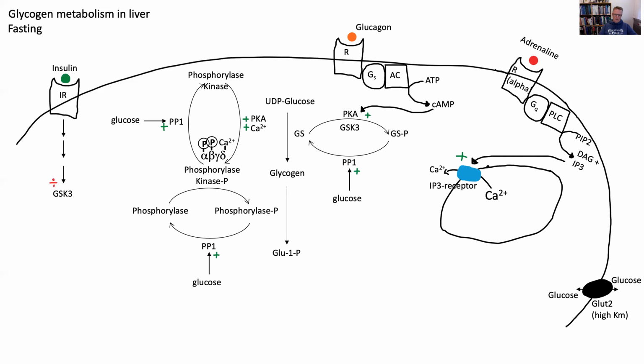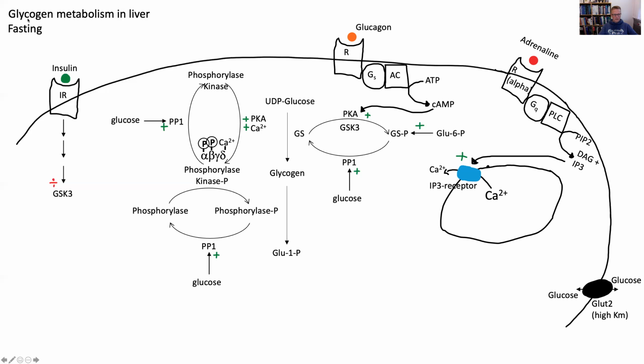We also know, as we saw before, that insulin can inhibit the activity of glycogen synthase kinase 3. And if we are in a fasting situation, insulin concentrations will be low, leading to an active form of glycogen synthase kinase 3, which will phosphorylate glycogen synthase and make the enzyme less active.